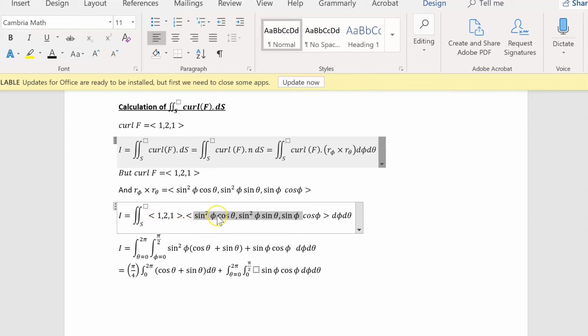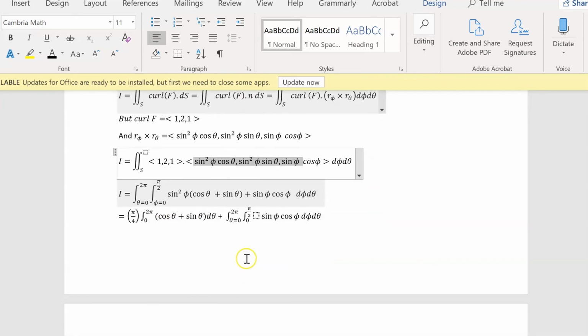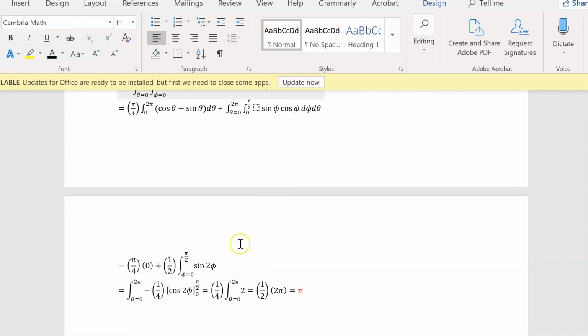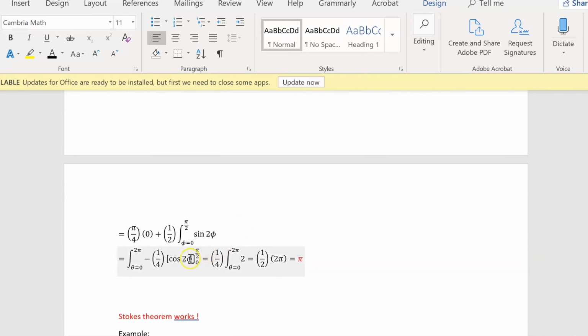So we have sine squared phi cosine theta plus 2 sine squared phi sine theta, and we do the integral. And then we can finally show that this integral simplifies and equals pi.